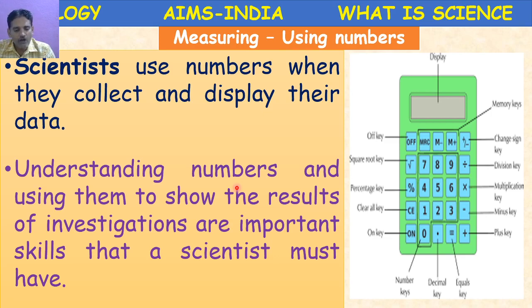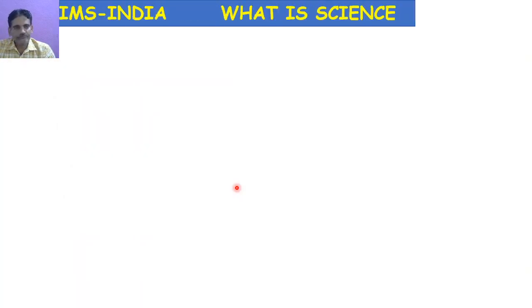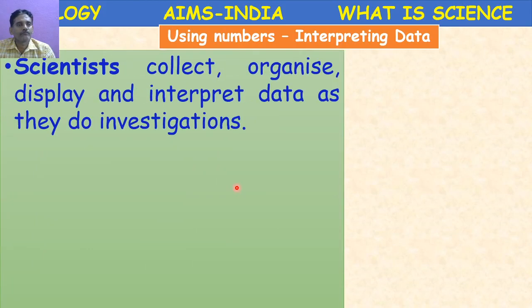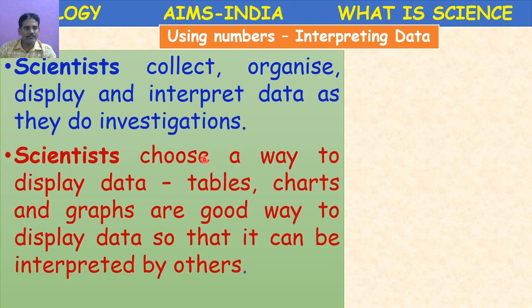Let us see how we will use numbers in analyzing the data. Using numbers in interpreting data. Scientists collect, organize, display and interpret data as they do investigations. You have to collect, organize, display and interpret the data whenever you are doing an investigation.